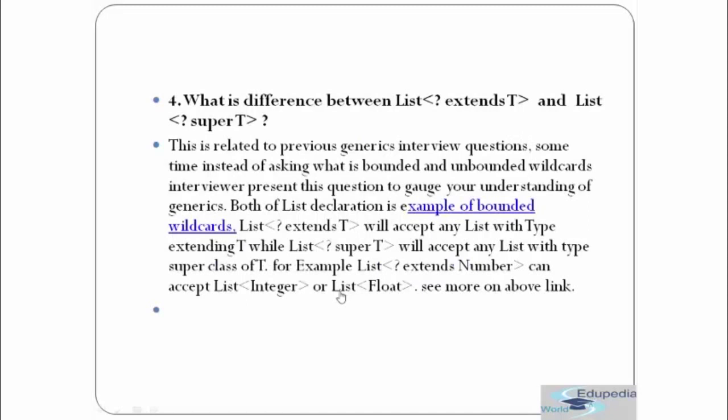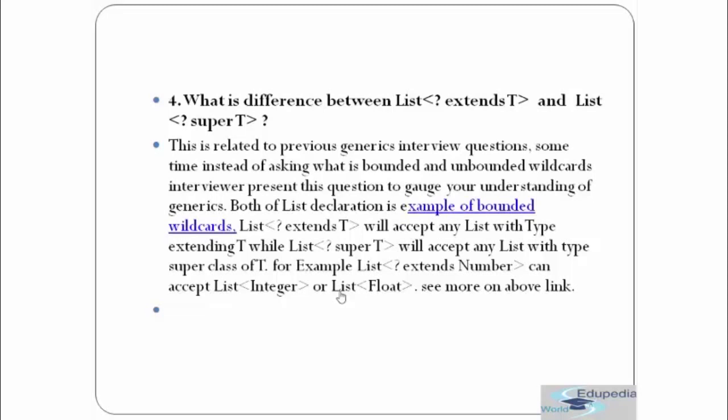What is the difference between List<? extends T> and List<? super T>? This is related to the previous generics interview question, and sometimes instead of asking what are bounded and unbounded wildcards, the interviewer presents this question to gauge your understanding of generics.